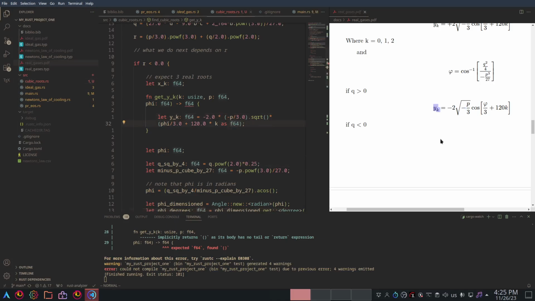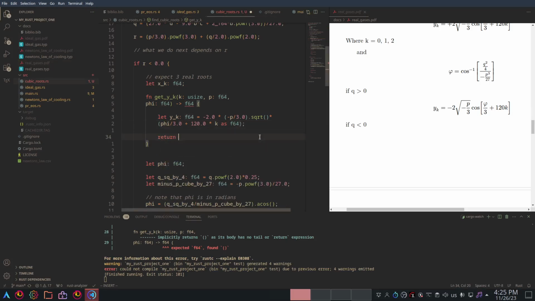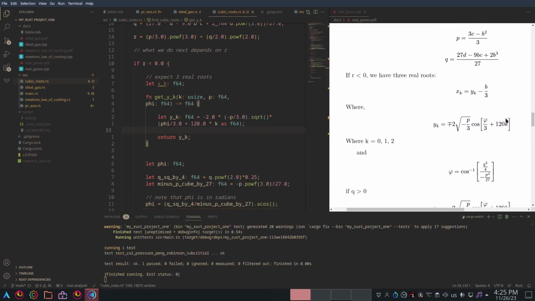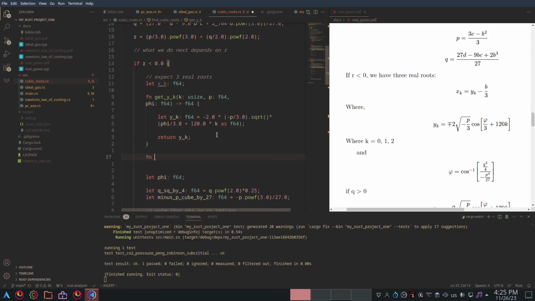Now let us return yk, and of course, xk as well. We can actually code a function called getXk, because we'll be getting xk and yk.